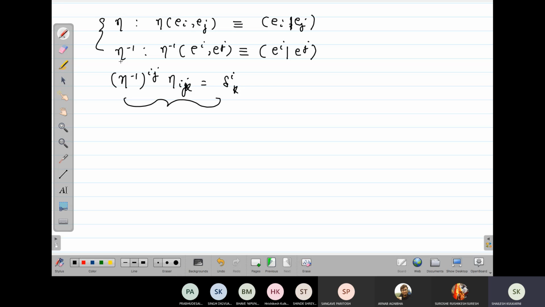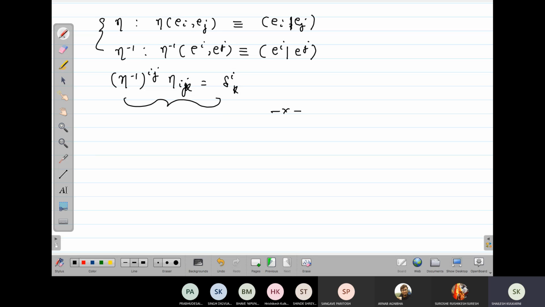What should I do? What should be your starting point? Once you understand the starting point, then the proof will follow. There is nothing much to do. Suppose you consider the following.